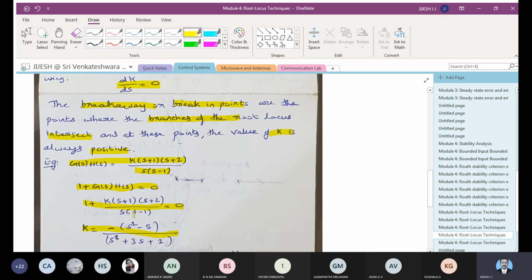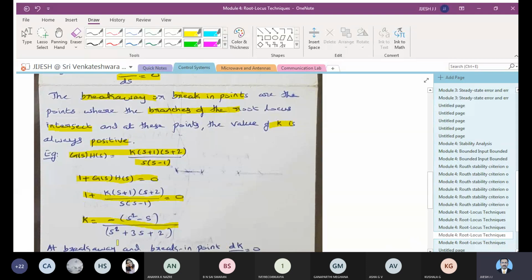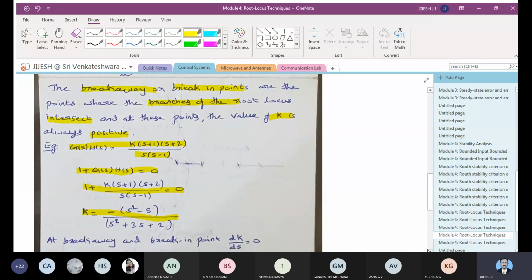So you need to take dK by ds and equate it to 0. Breakaway point and break-in point can be found by dK by ds is equal to 0. You can just try it out, finding dK by ds and then equating it to 0.